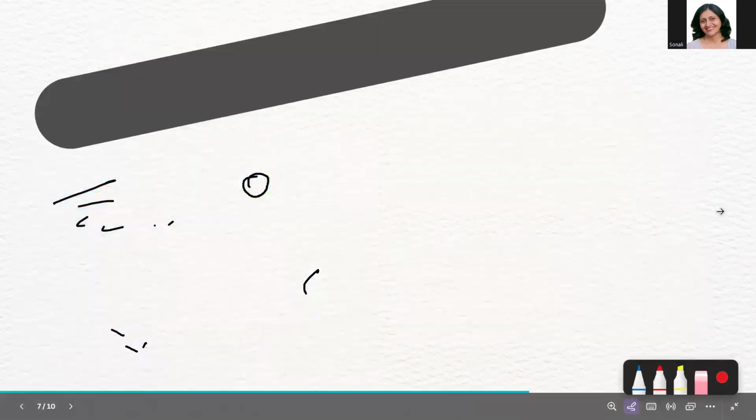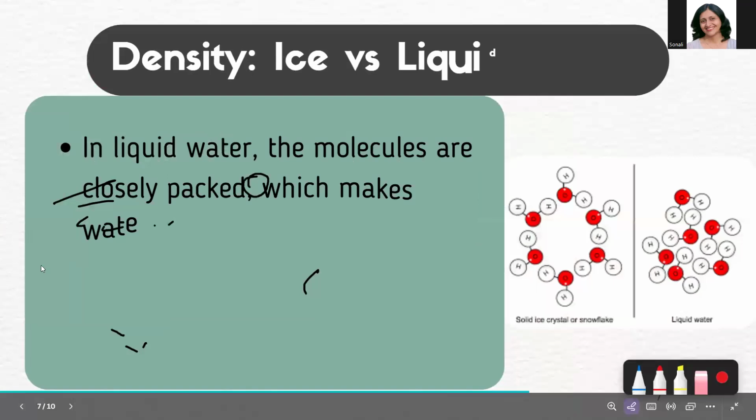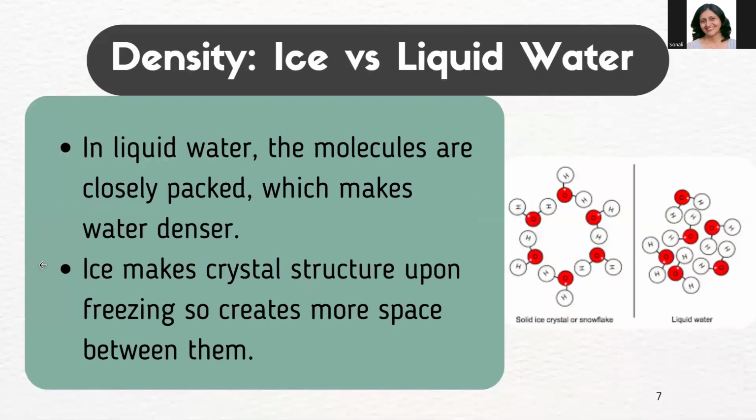Next property is density, the density of liquid water versus ice. As we can see, this is the liquid water molecule, and these are the snowflakes, or the ice that has been formed. In liquid water, molecules are very closely packed, which makes the water denser.